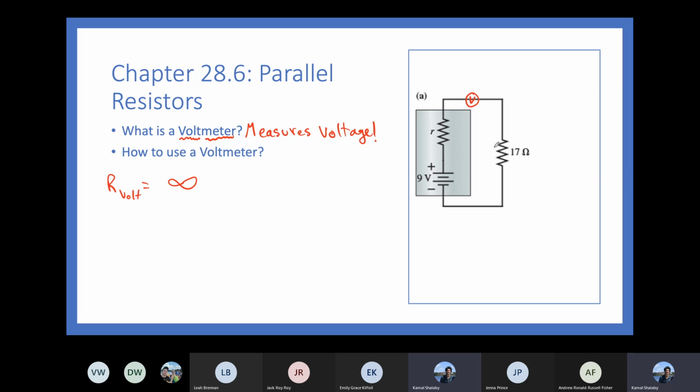So let's say you want to measure the voltage around this resistor. You put it in parallel to it. So this will be V. And we can just remove the other one.